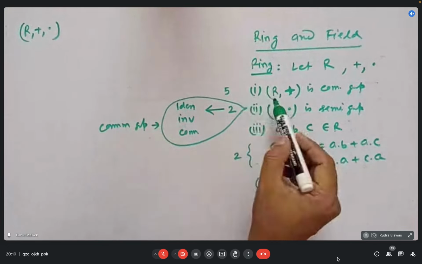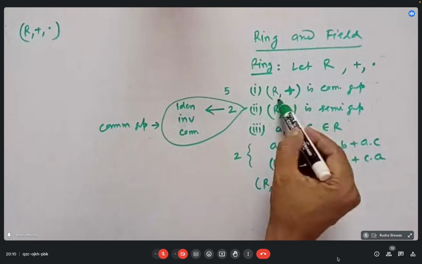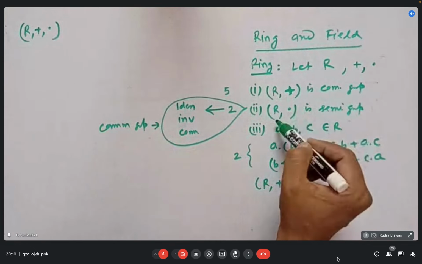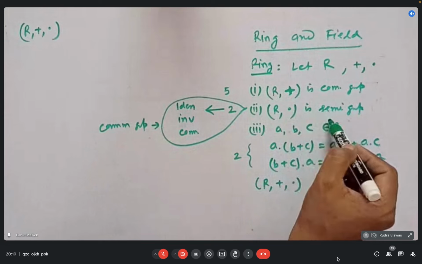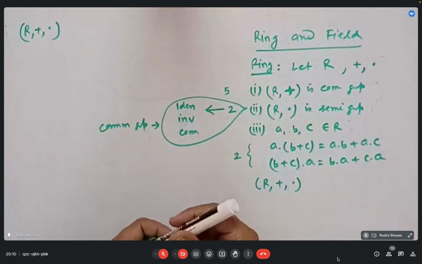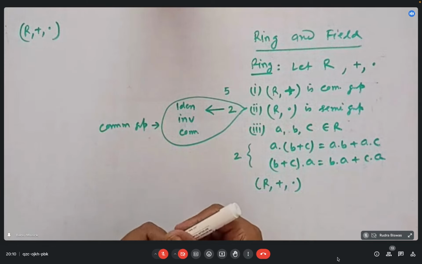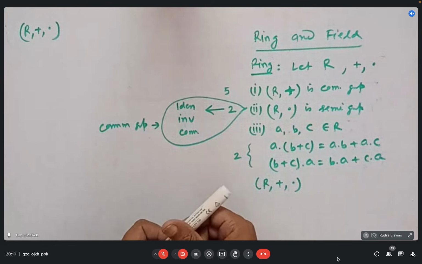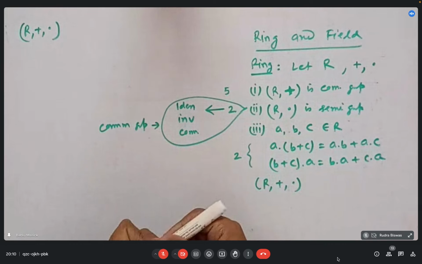So when R plus is a commutative group, R dot is a commutative group, and the distributive property holds, then it will be a field.